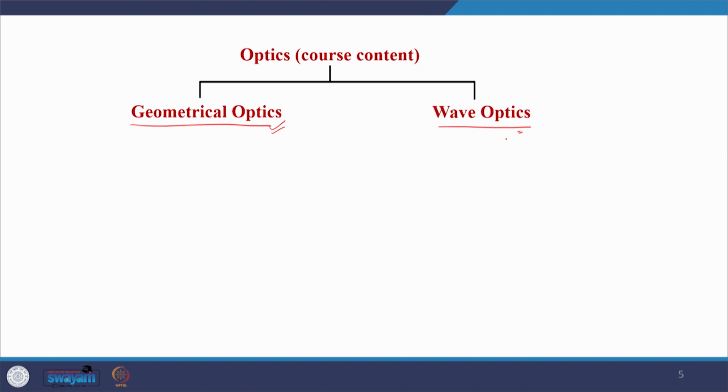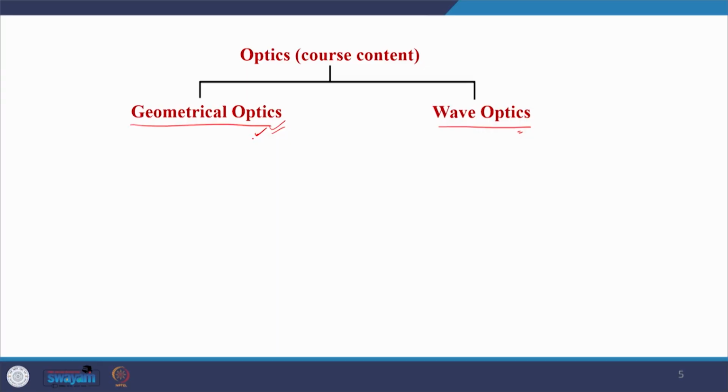Therefore, optics can majorly be defined in these two parts, geometrical optics and wave optics, and the course is also divided in these two categories. The first part of the course falls in geometrical optics, while the second part is in wave optics. But apart from these two categories, there exists a third one, which is called quantum optics.